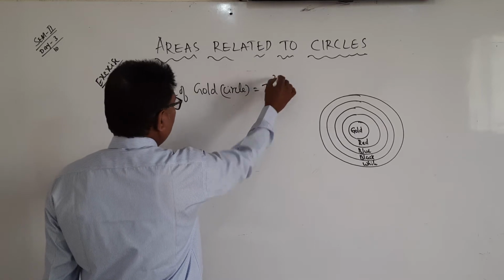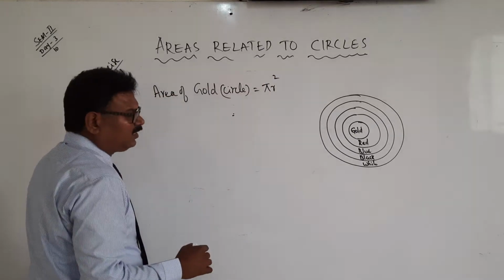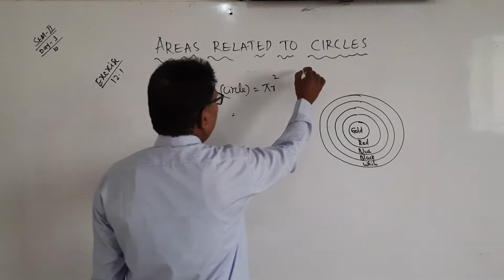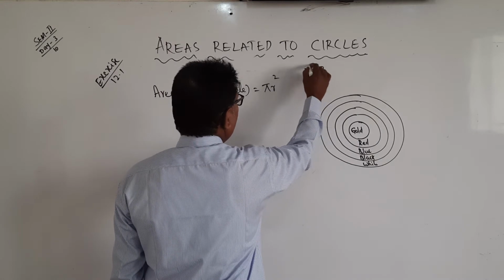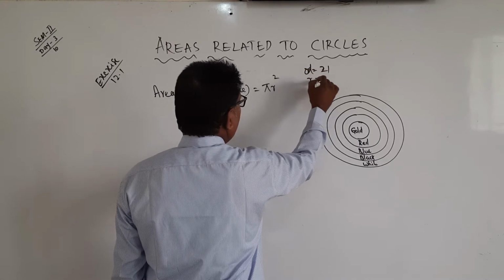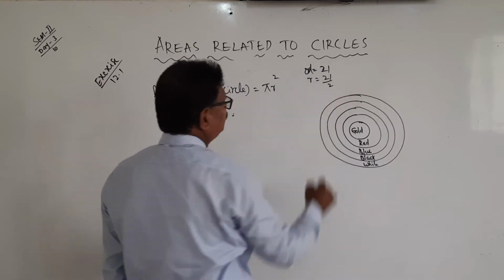Pi r square. Okay? Now what is r? Diameter is given as 21, therefore r equals 21 by 2.